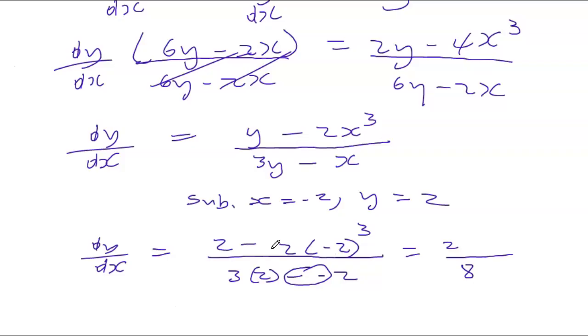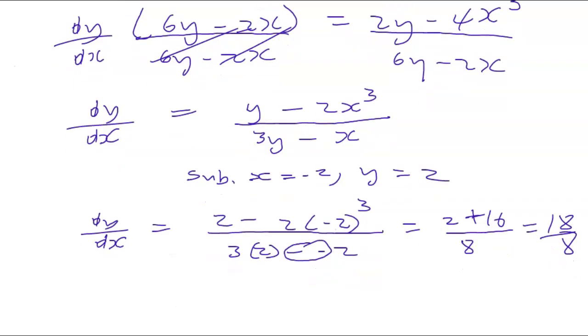That's positive 16. So 2 plus 16. So that's 18 over 8. Which should simplify to 9 over 4. So dy by dx is equal to 9 over 4.